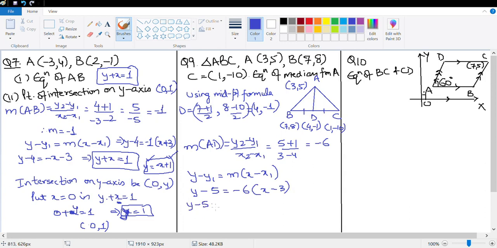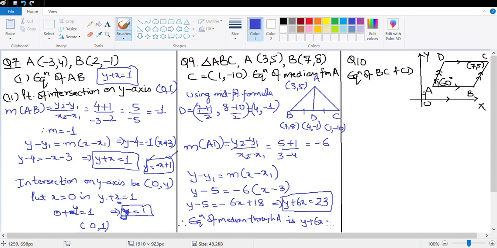Y minus 5 is equal to negative 6x plus 18, which means y plus 6x is equal to 18 plus 5, which means 23. So y plus 6x is equal to 23. Therefore, equation of median through A is y plus 6x is equal to 23. That's my final answer.